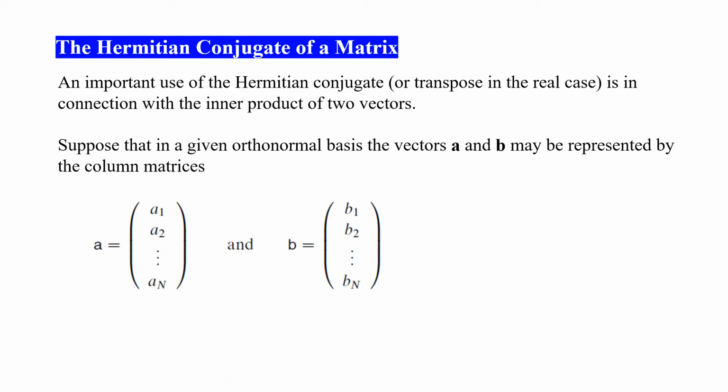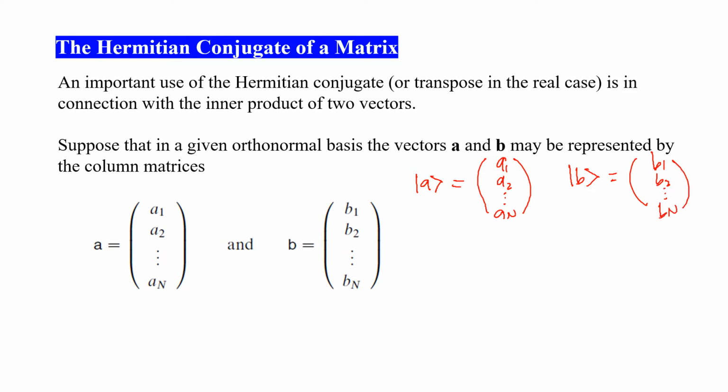So we can associate ket A with a column matrix: A1, A2, up to AN. And also, we can associate ket B with still the same kind of column matrix, B1, B2, up to Bn.